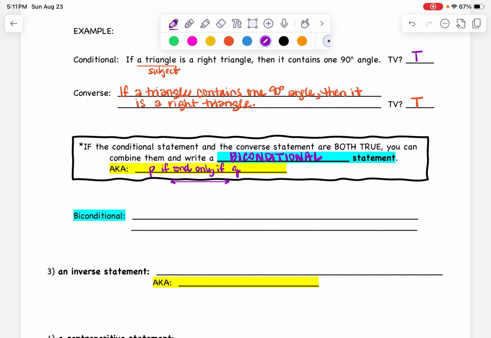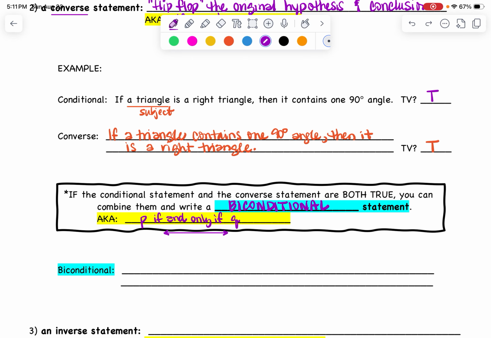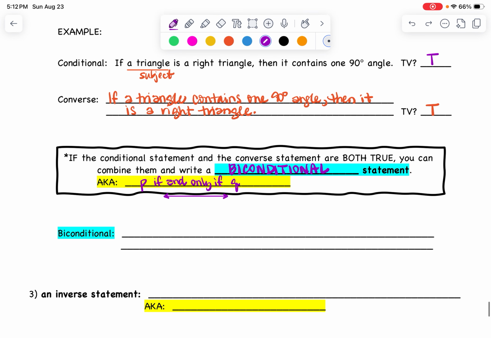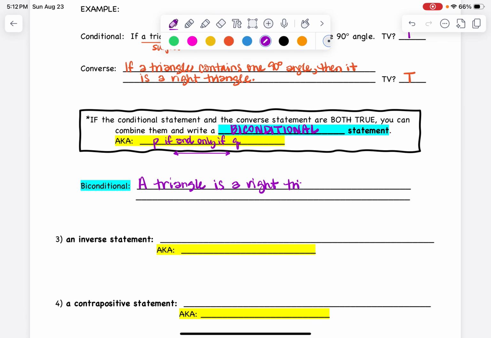So in this case, I can write these statements as a biconditional because they were both true. And like I said just a second ago, it doesn't matter which one you say first or which one you say second because it's true forwards and backwards. So I might write something like this: a triangle is a right triangle if and only if it contains one 90-degree angle.